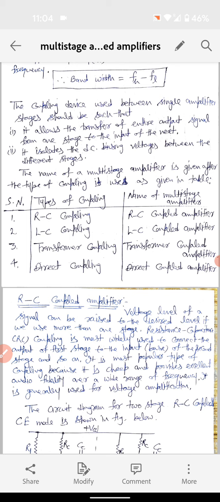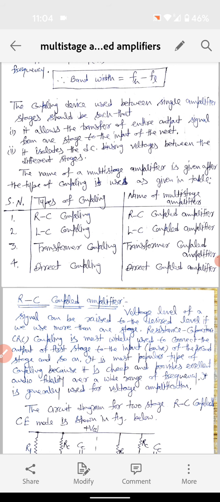For example, if we use resistance and capacitance for coupling, that amplifier is known as RC coupled amplifier. If we use inductance and capacitance, that will be known as LC coupled amplifier. If we use a transformer for coupling, then it will be a transformer coupled amplifier. And if we directly couple two or more amplifiers together, they are called direct coupled amplifiers.